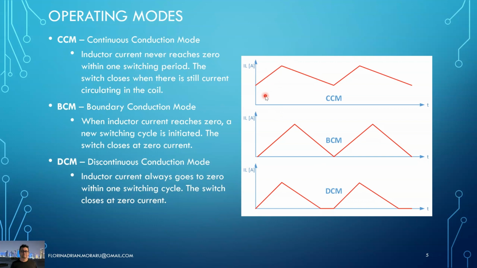On a visual inspection, you can identify that in continuous conduction mode and boundary conduction mode, the switching regulator has two operating states, more or less, while for discontinuous conduction mode, there are three operating states. So what is to remember here is that the current waveform in the inductor gives the operating mode, CCM, BCM, or DCM.